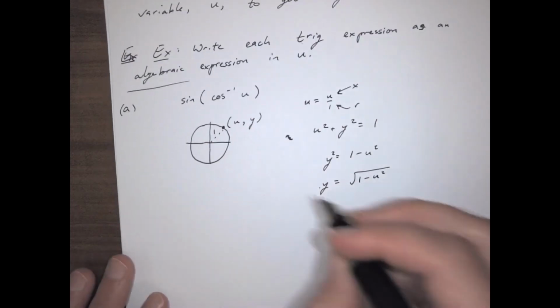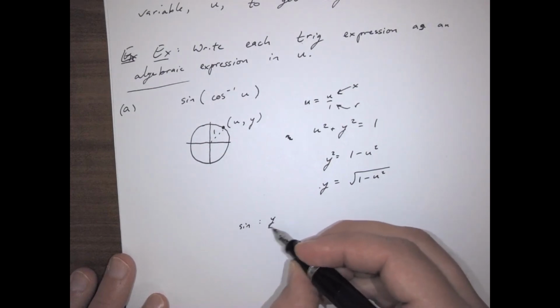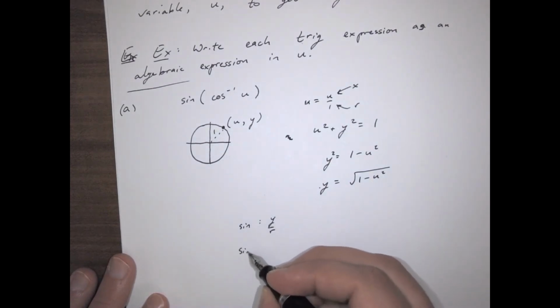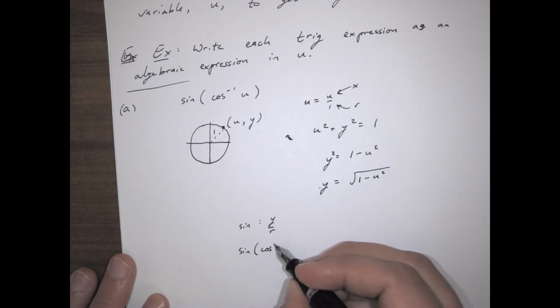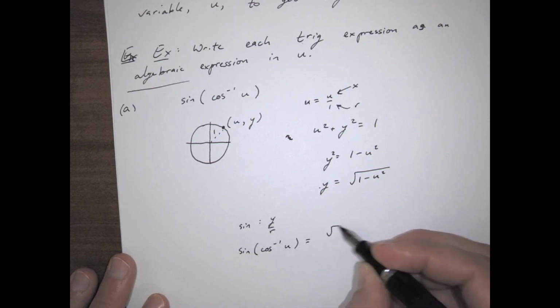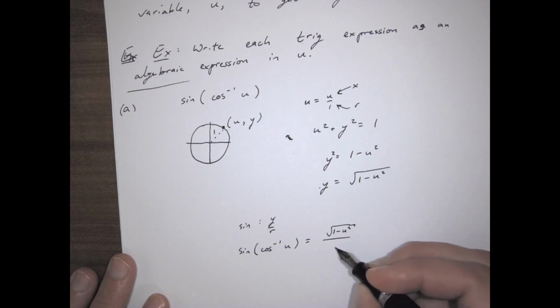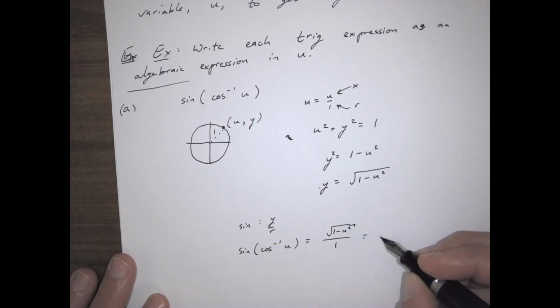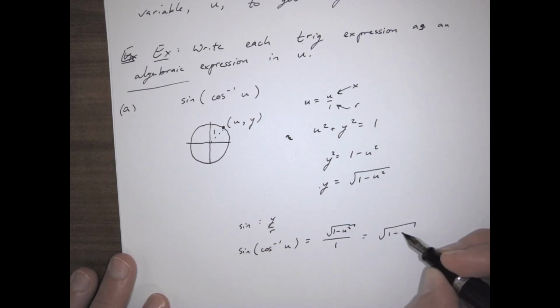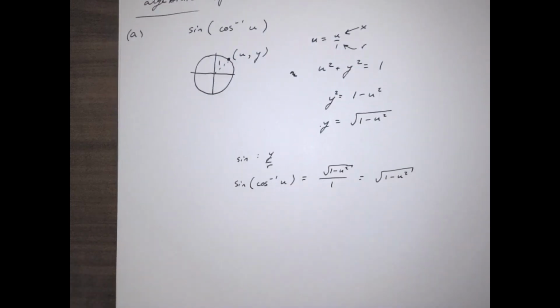And now, sine is y over r, so the sine of the cosine inverse of u will just be that y that we just found, the square root of 1 minus u squared, all divided by r, which is 1. So it turns out this composition of trigonometric functions produces this function, which doesn't have any sine or cosine or anything like that in it. It's purely algebraic.